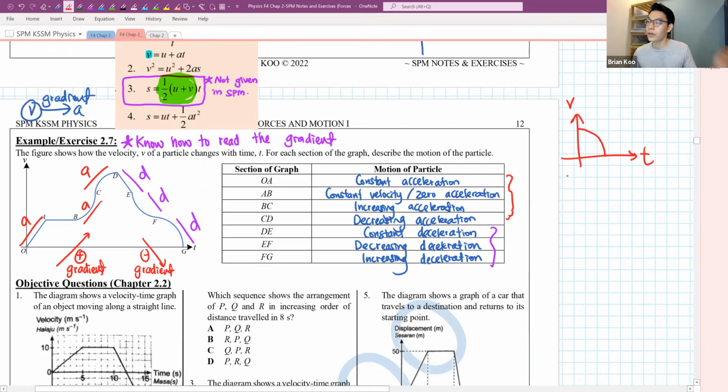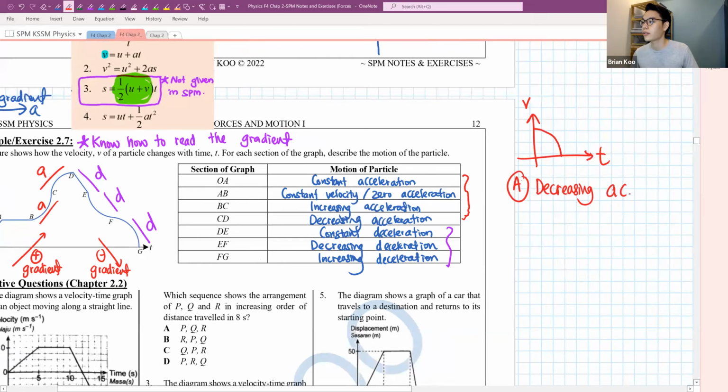Okay, so objective question, state the type of motion. A, they'll ask you, this is decreasing acceleration. B, increasing deceleration. Okay.